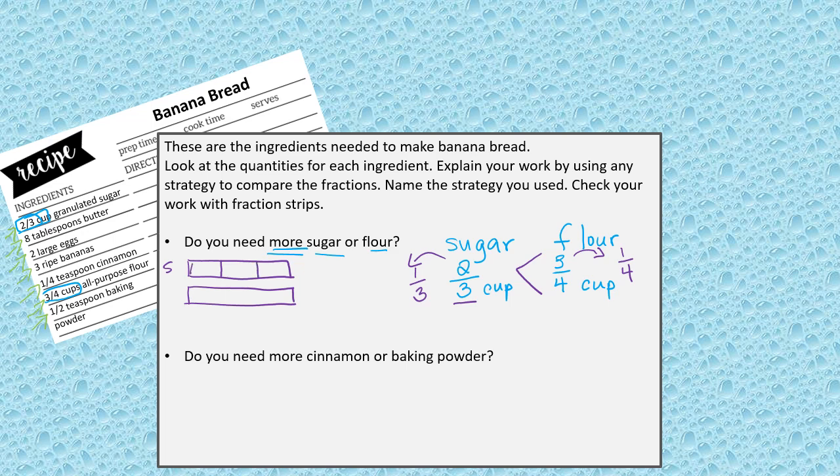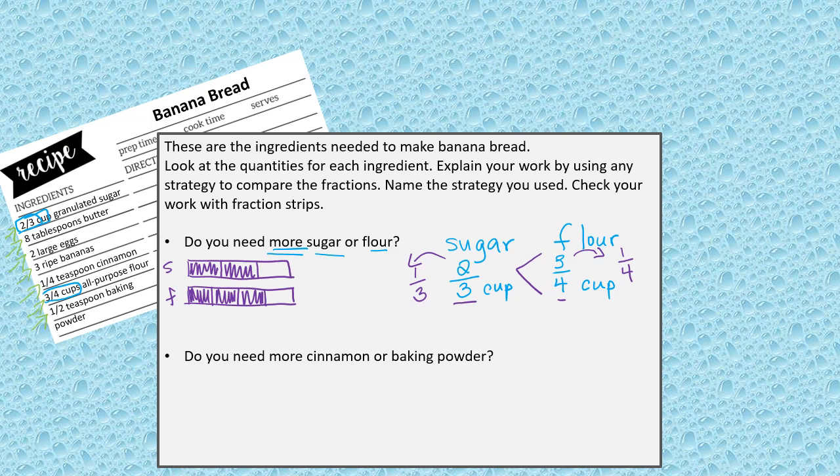Okay, and I'm going to use 2/3, 2 of those parts of sugar. Then I'm going to do the flour, and I want to break it up into 4 equal parts. Okay, and I'm going to shade in 3 of those parts. Okay, and I can tell that 3/4 is greater than 2/3.